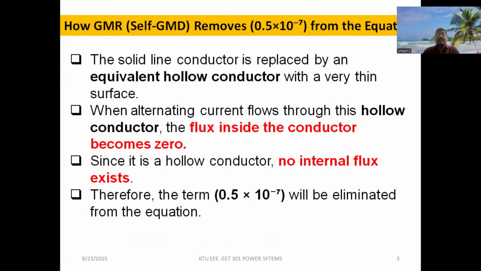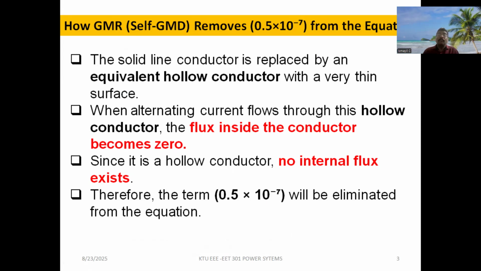Once we replace our solid conductor by such a hollow cylinder or hollow conductor with thin surface, the flux inside the conductor will be 0, because no current flows through the inner portion of the conductor.